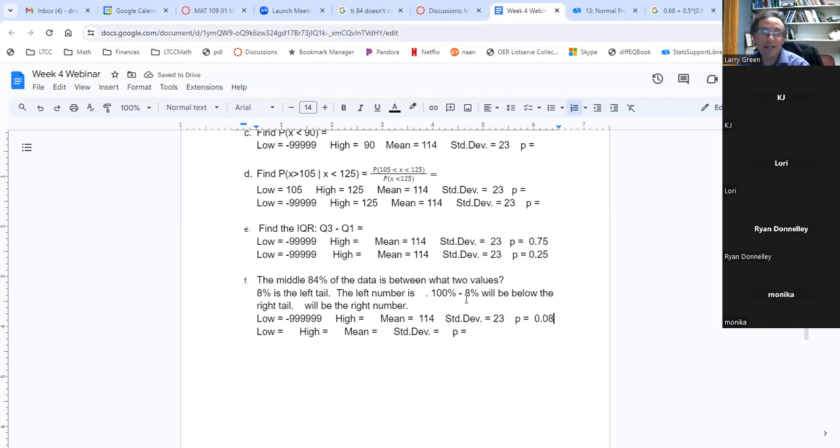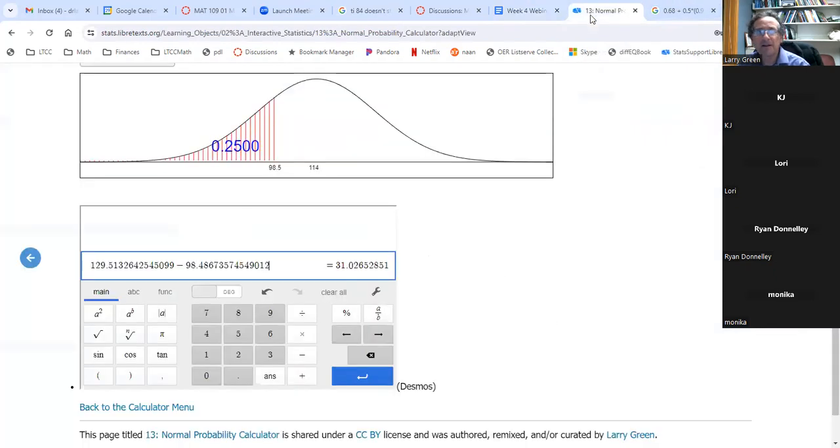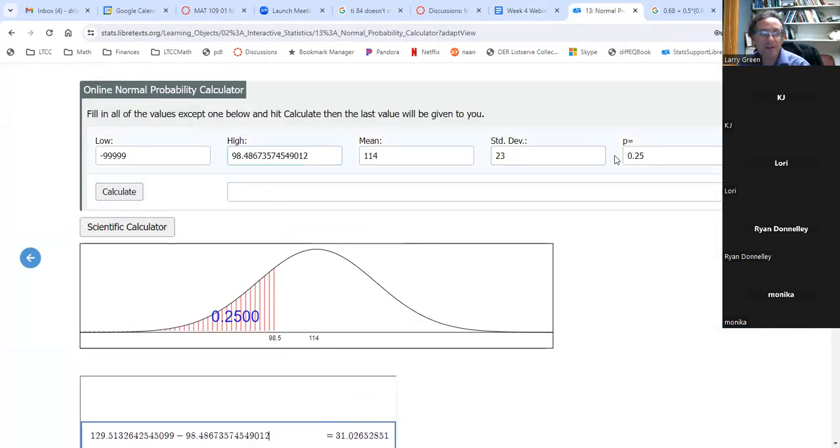Okay, so I go and find it. My probability now is 0.08. The high is what we don't know. Everything else is the same as before, and we calculate. And there we go. 81.683354 or so is the left-hand side of the middle.